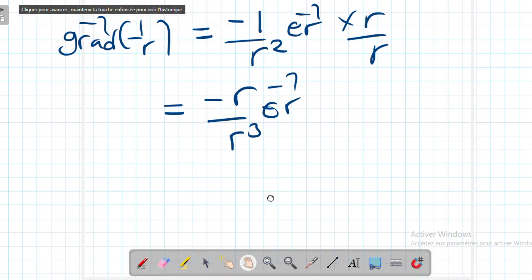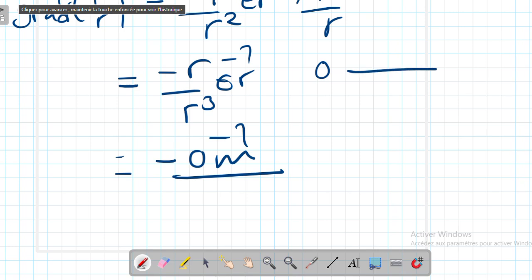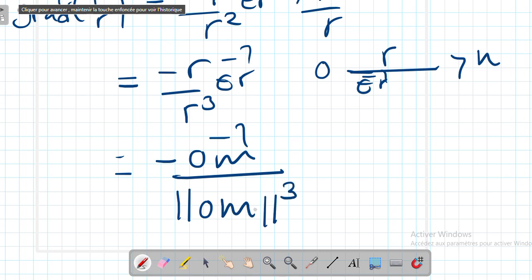So this vector is none other than negative OM over, when at the beginning I said O has a magnitude of r and a unit vector of er, right? So this vector is none other than OM over the module of OM, which is r, to the power 3.